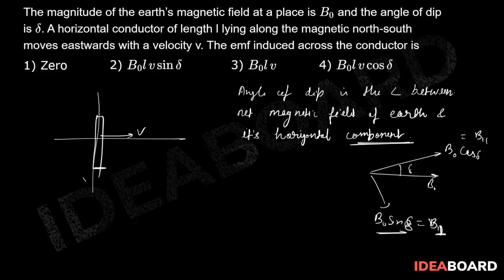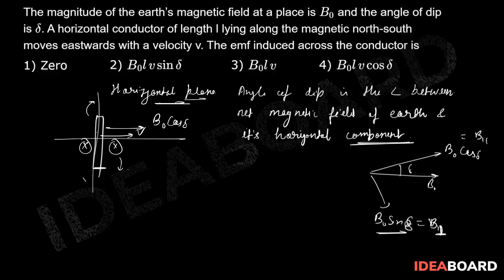Now we know that in the horizontal plane, along the surface of the Earth, the magnetic field component will be B naught cos delta, and perpendicular to the Earth's surface there will be another magnetic field in cross direction which will have the value B naught sin delta. Perfect. So if you know that, then you can find out the value of EMF.